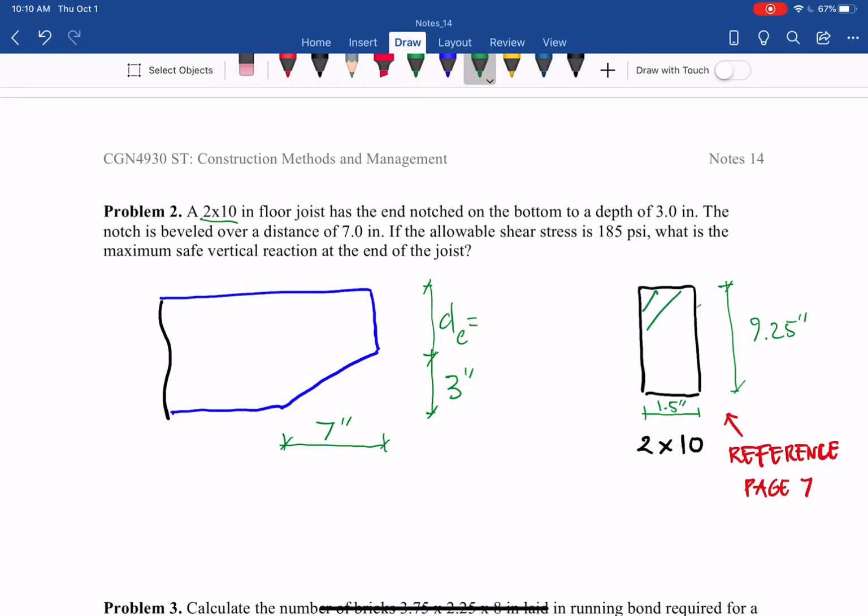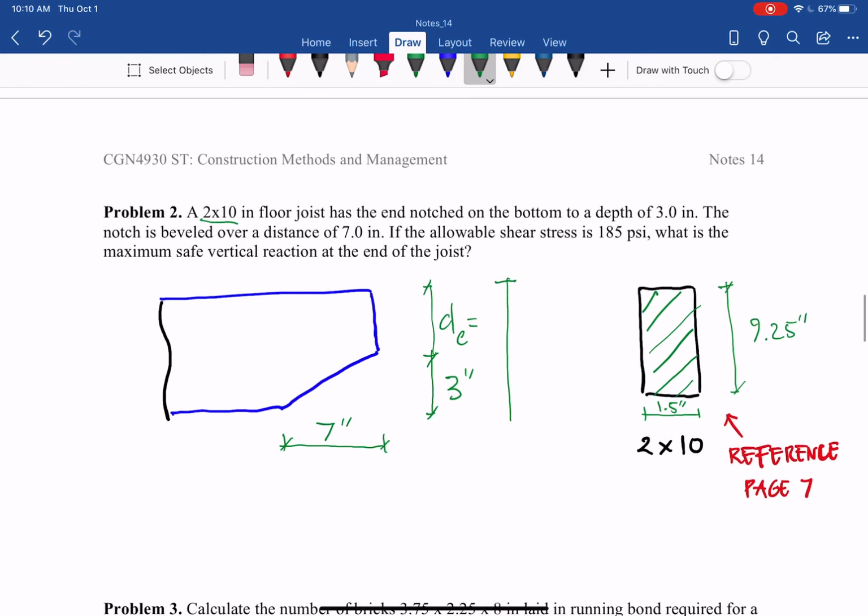From that, we know B is 1.5, and the actual depth D is 9.25 inches.